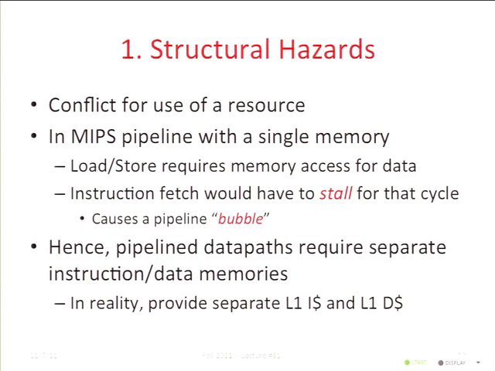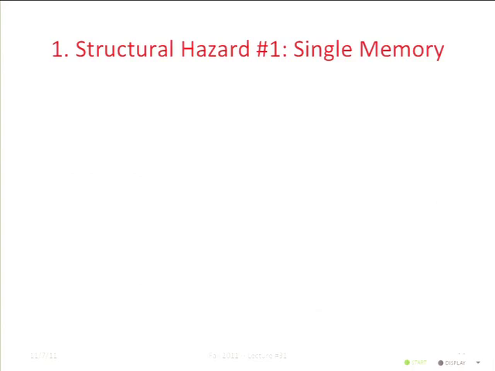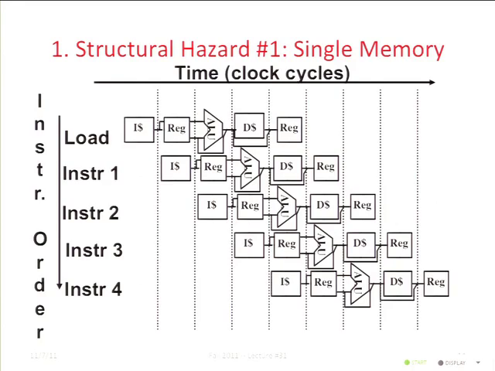All right, so the way that looks in our pipeline diagram, where are you going to get into trouble here if you didn't have, well, it doesn't even look like there's a problem here because we've already split them up. So here, for example, once the first instruction is in its memory phase, and the fourth instruction is in the fourth step, you're going to be getting the instruction out of memory.